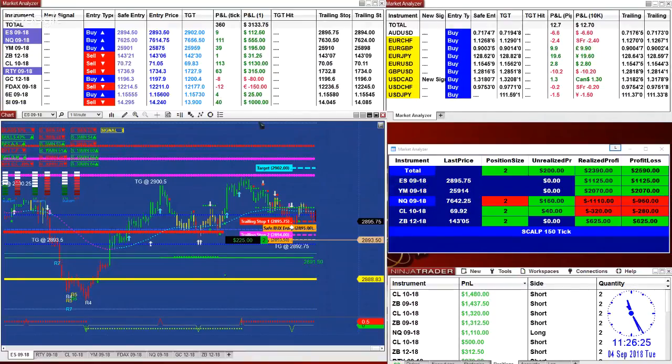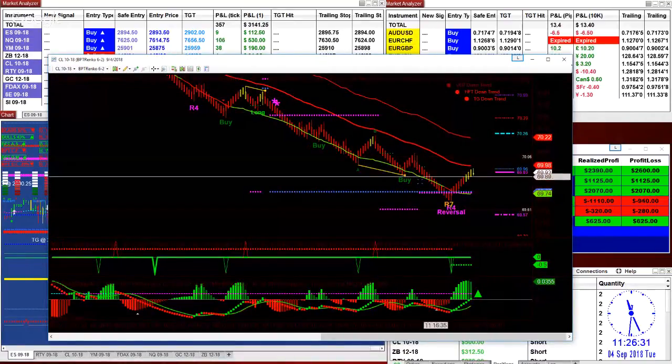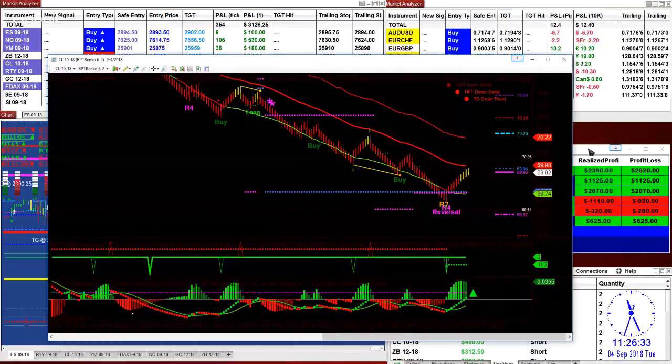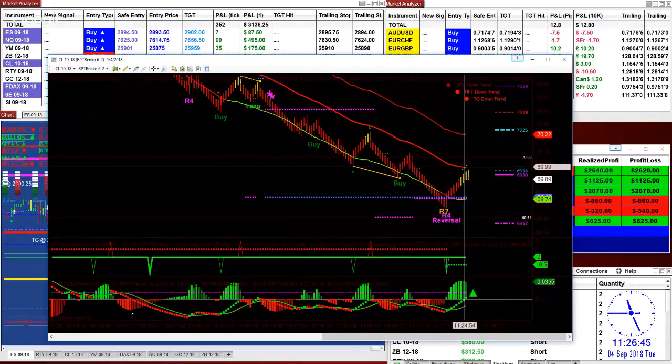Let me show you what happened to the CL. I told you to be careful of the mid-band. Look, we called that trade half an hour before. Now, if you see the floor and fibs mid-band, don't underestimate this. Do not underestimate that.